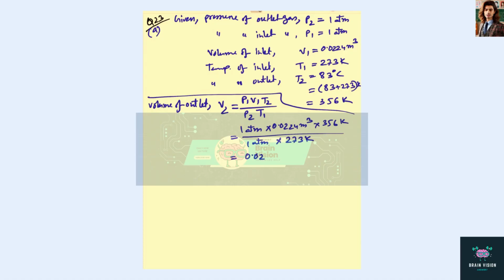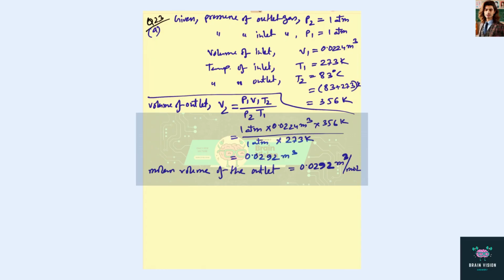The volume of the outlet is 0.0292 meter cube. Therefore, the molar volume of the outlet is 0.0292 meter cube per mole.